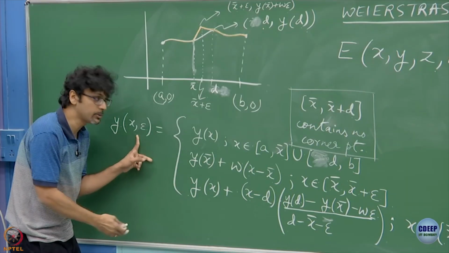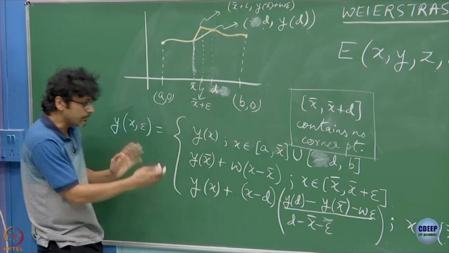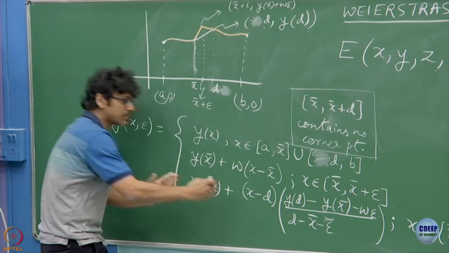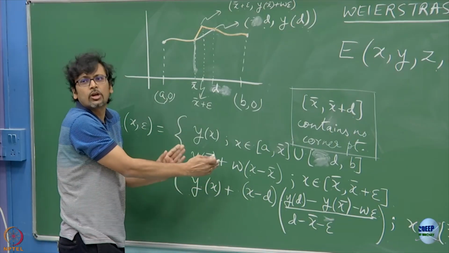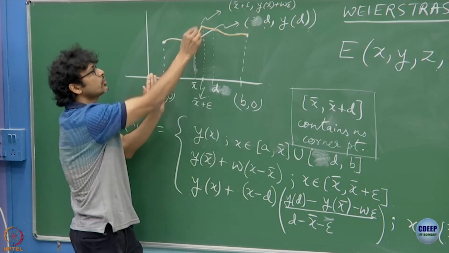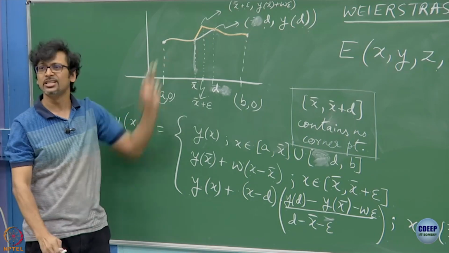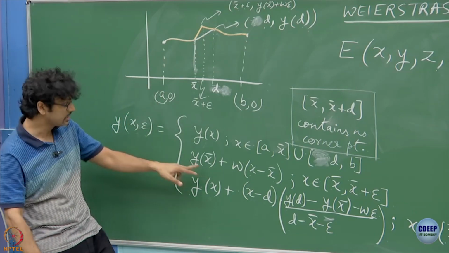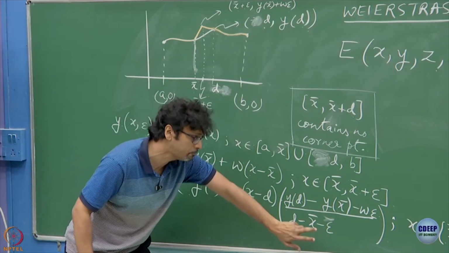Here, the whole perturbed curve in the third subinterval can be split up as the original curve plus a linear term. In this one also you could do that, but it's going to get only more complicated. I'm saying the overall function itself, this y of x comma epsilon, is just going to become a straight line. So here it's different, but here it's the original curve plus perturbation, and the perturbation is linear.